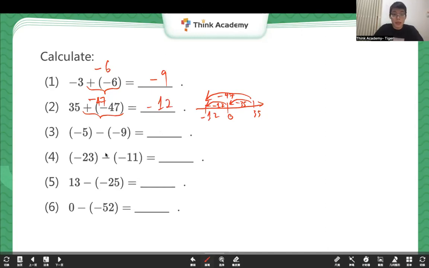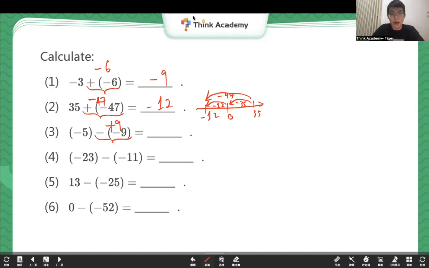Okay. And the next one, -5 take away -9. So what is this going to add up to? Well, two same signs this time, two minus in a row, which means that it is going to be equal to adding 9.